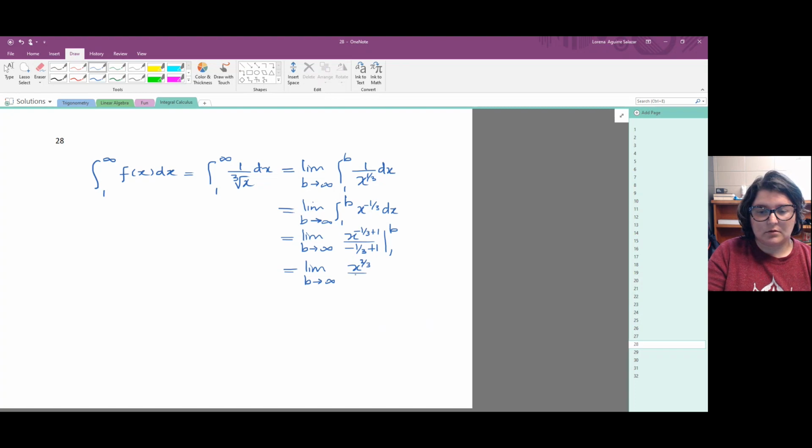So we're making b huge and evaluating, or better, evaluating first and then making b huge. The evaluation is b to the 2/3 over 2/3, and then minus 1 to the 2/3 over 2/3.